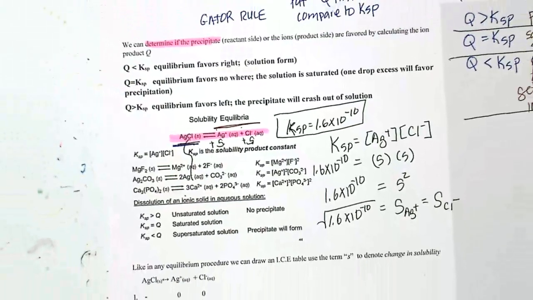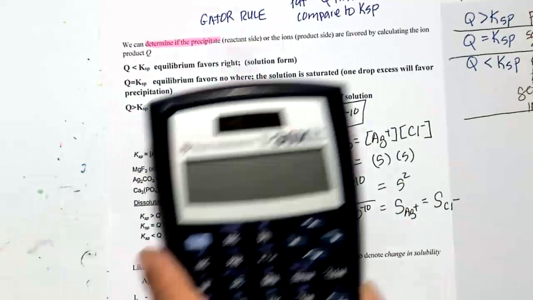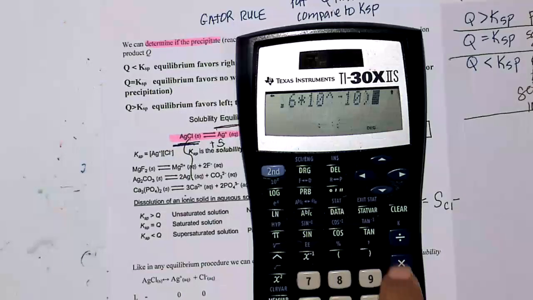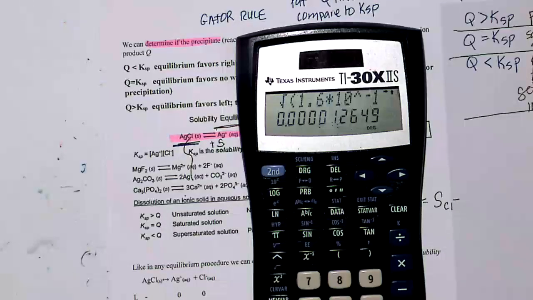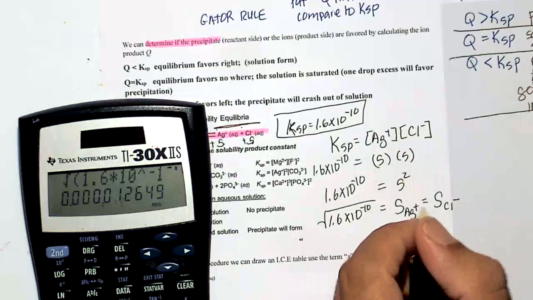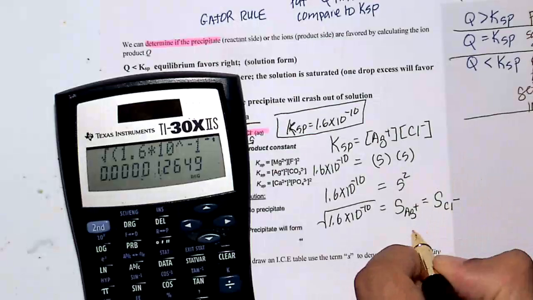And what is that on our calculator? About 1.26 times 10 to the minus 5. Okay, so this is how you do these KSP problems.